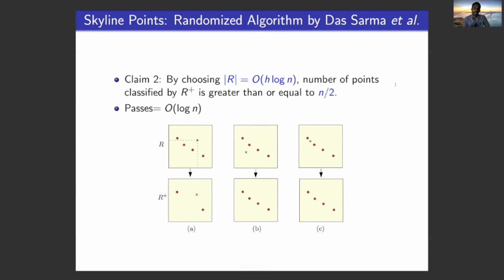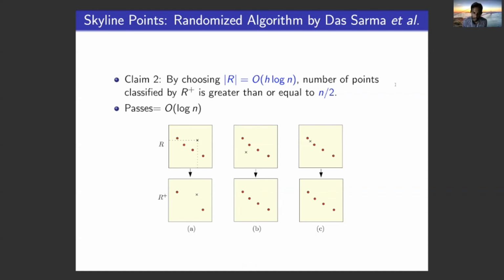Right? So this now tells us why order of log n passes is enough to finish the algorithm, because in each iteration, the number of unclassified points falls by a factor of 2. So after log n iterations, you are able to classify all the points, and in order of log n passes, we are done.